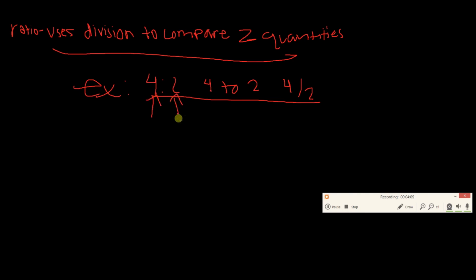If it's a word problem, it has to go in order, and it uses division to compare these two quantities. So there are 4 boys to 2 girls, and so 4 divided by 2 equals 2. So that's a ratio. Pretty much everyone knows what that is, but if you don't, well, there you go. You just learned what it meant. Let's go on to the next term.